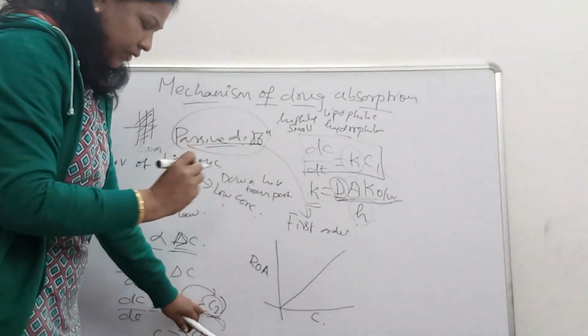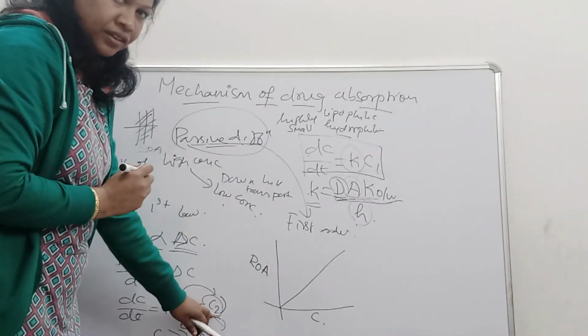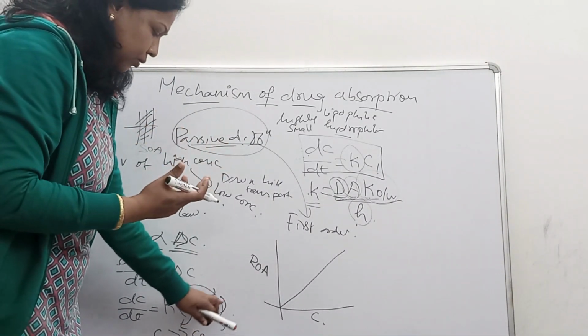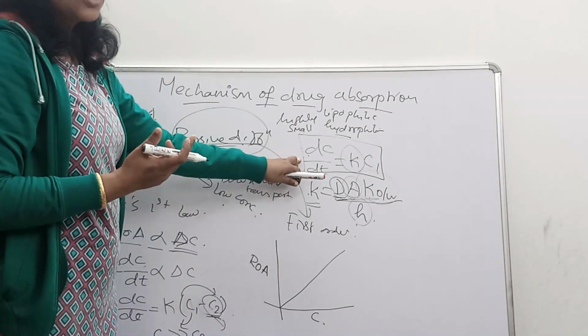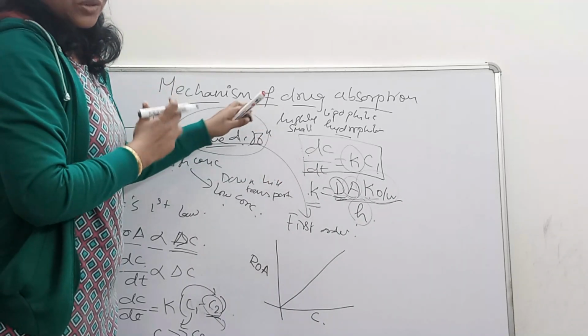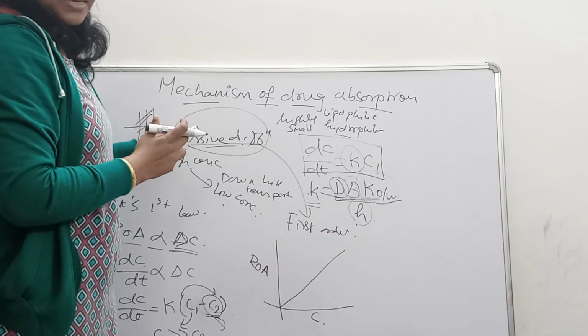Mathematically, for difference we use minus sign. C1 concentration is very much greater than C2. As I already told, the drug gets diluted in the blood, so you can neglect C2 and the equation will further reduce to first order kinetic equation, which means that rate of absorption is directly proportional to concentration in case of passive diffusion.